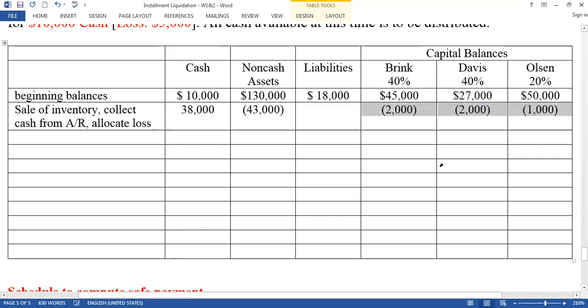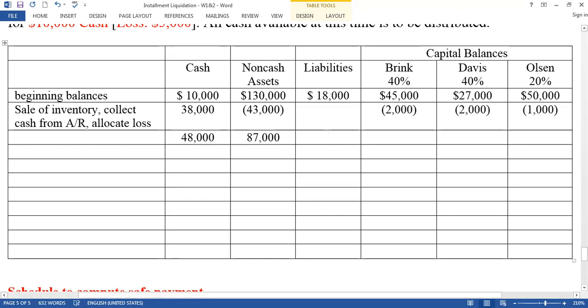So loss is allocated to the partners' capital. This is the asset sacrifice, and this is the cash we received. Now, what is the balance here? The balance is $48,000 cash now available. Our assets decreased to $87,000.